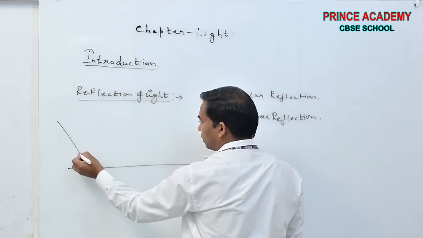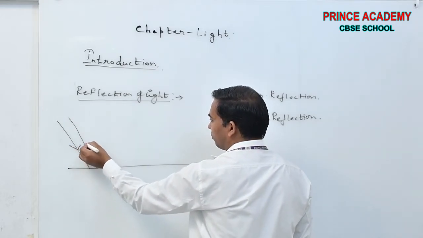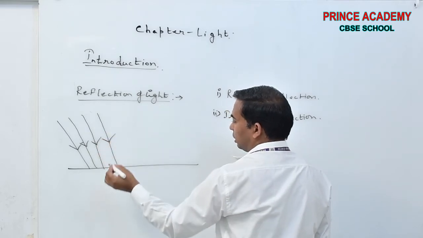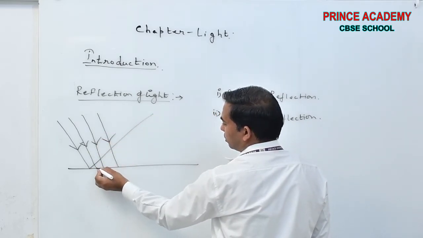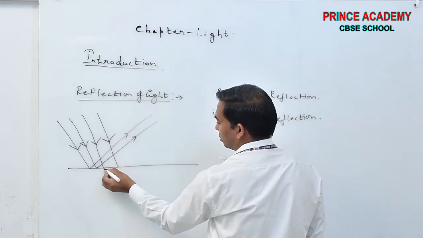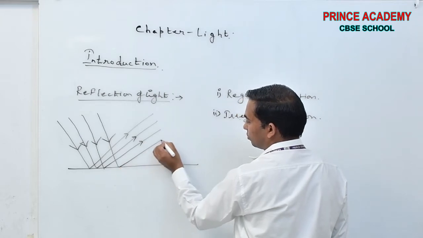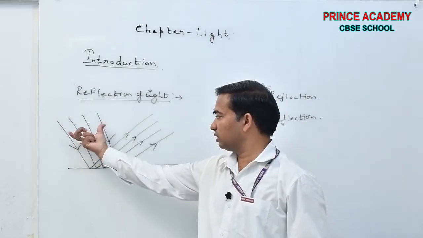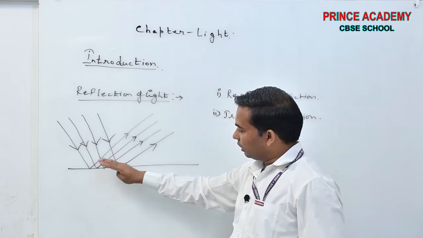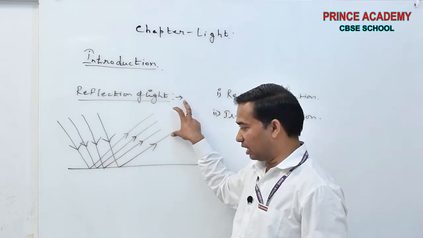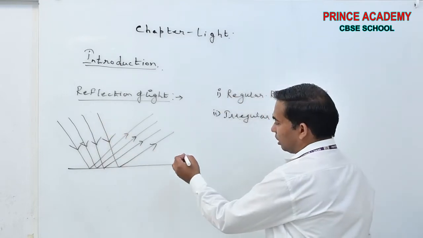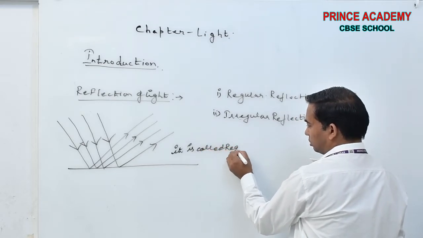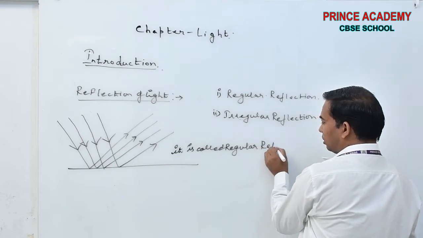Here the ray of light incident is a parallel beam of light, and it is reflected in the same medium as a parallel beam at the same angle of reflection. This is called regular reflection.